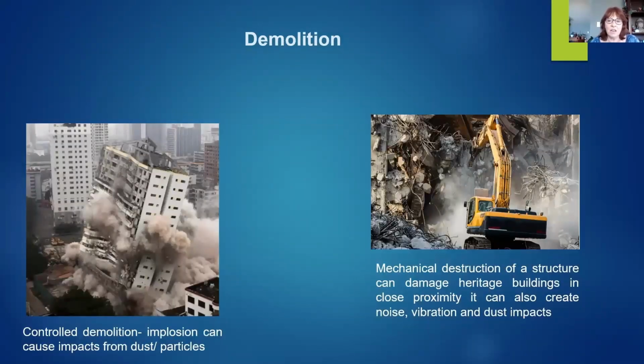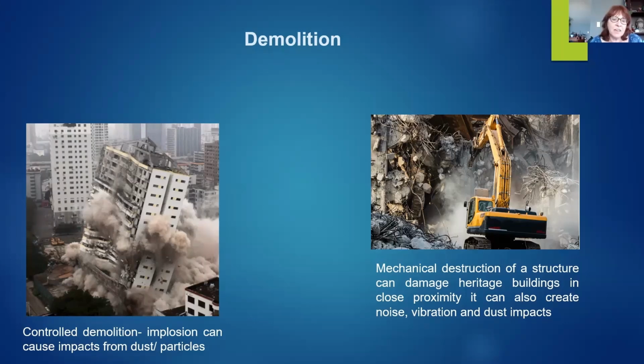Demolition, just a couple of examples. Mechanical destruction on the right-hand side causes similar impacts to construction. Obviously, there's going to be vibration, and danger from material going outside of the boundaries where it's supposed to. Also for demolition, there's the obvious question of where all the waste material goes.